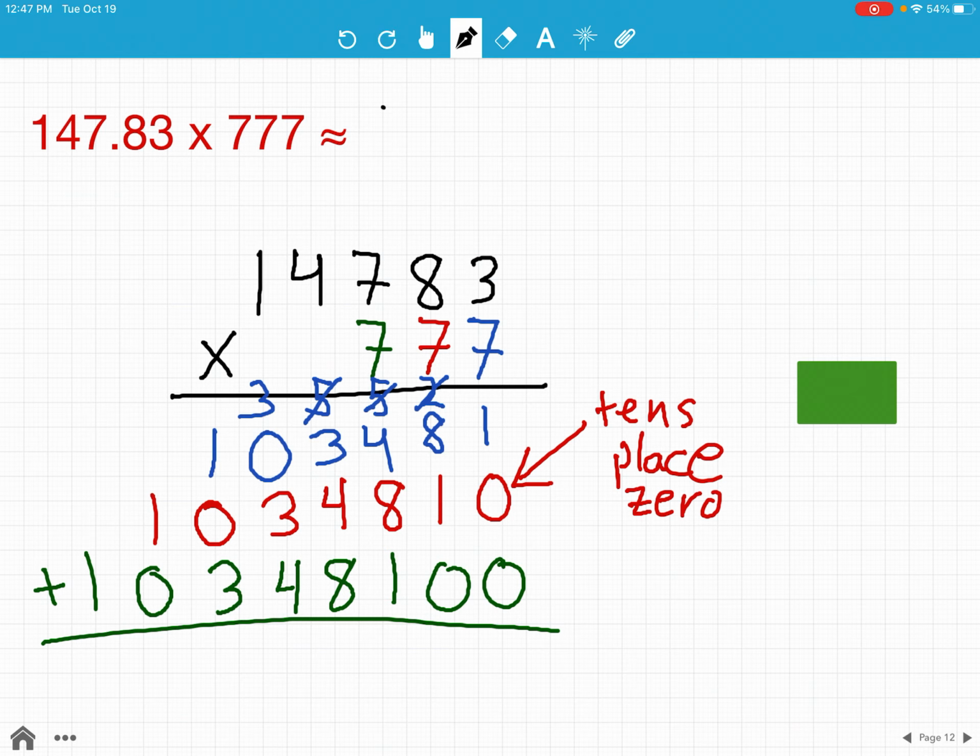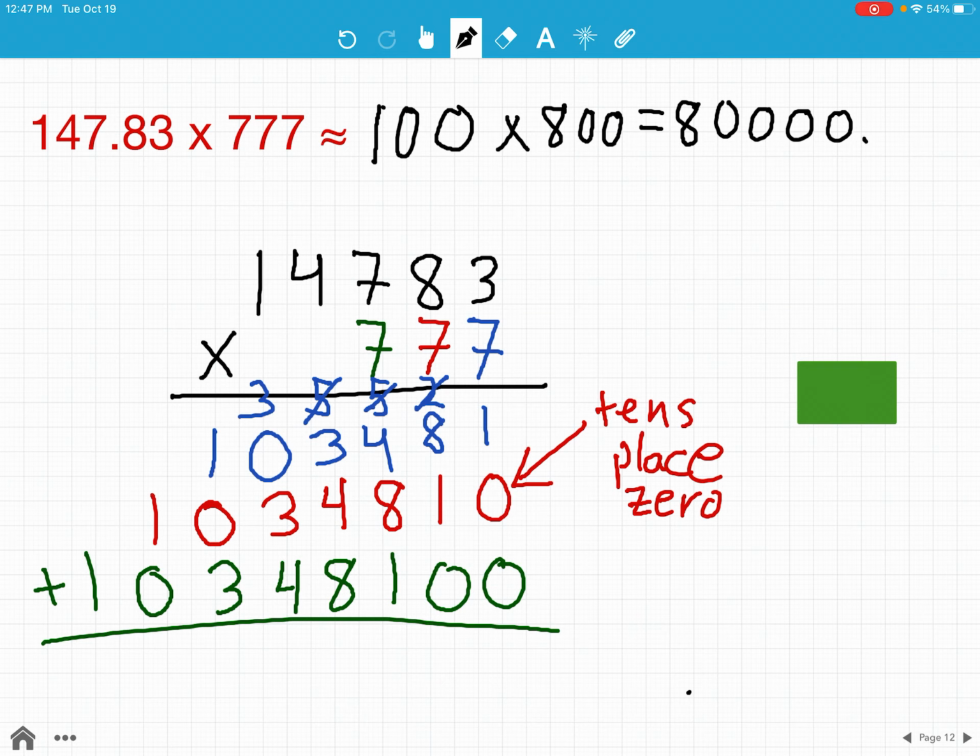We could round that to 100. And 777, we can round that to 800. And that's going to give us 8 with 4 zeros behind it. I'm adding the 2 because I know I'm multiplying times hundreds.